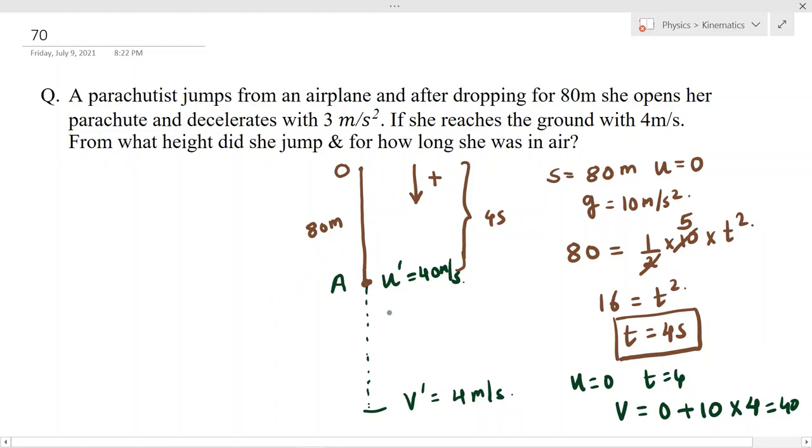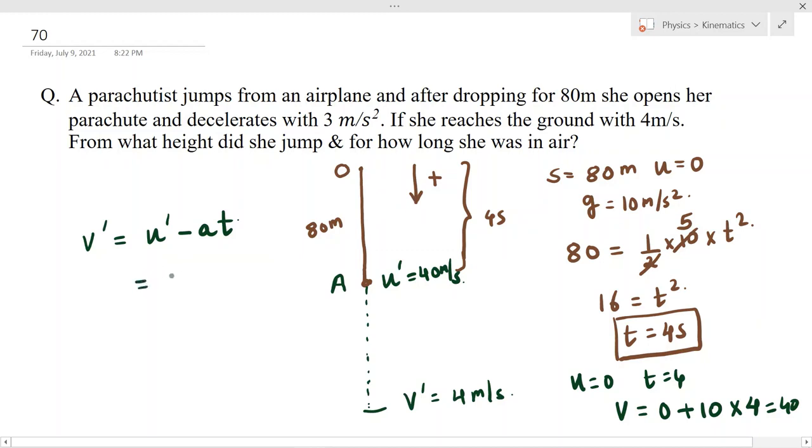Now from this information what we can calculate is the time. So v dash is equal to u dash minus 3t, because she is decelerating with 3 meter per second square and the 3 is pointing upwards, that is opposite to the motion of the parachutist. So it will be minus.